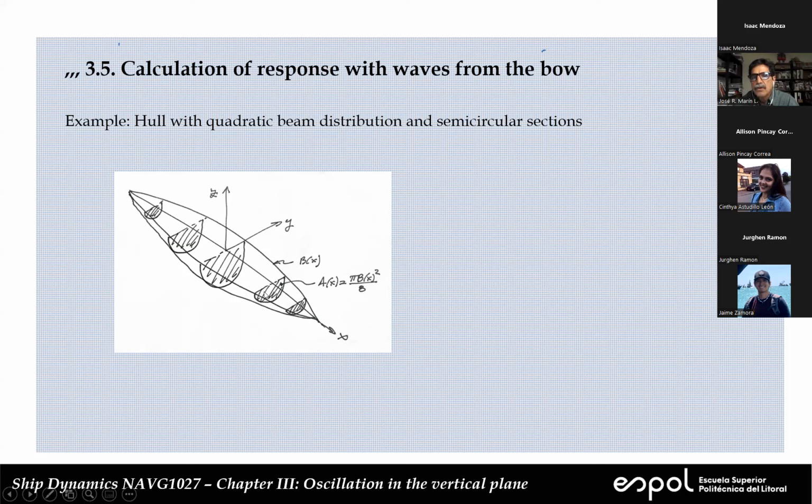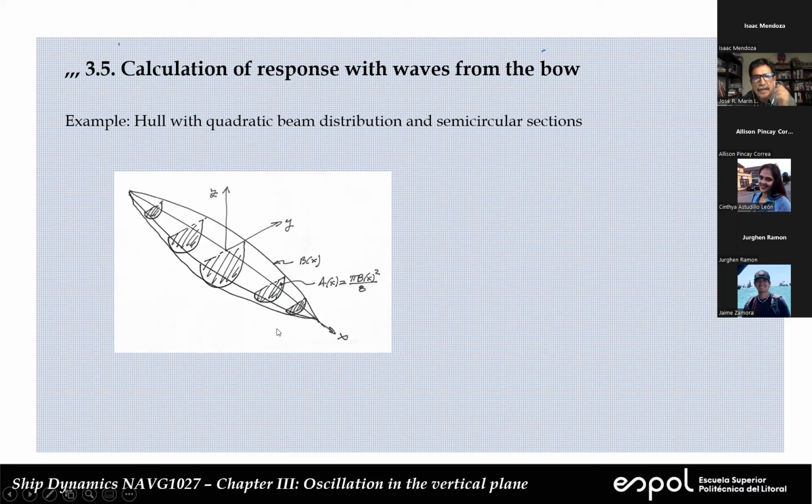Okay, so the section coefficient is going to be pi/4. So that's constant because the beam changes and also the area changes. So area changes, section coefficient doesn't, beam changes, and draft changes.